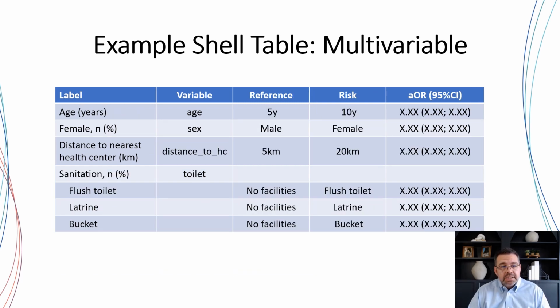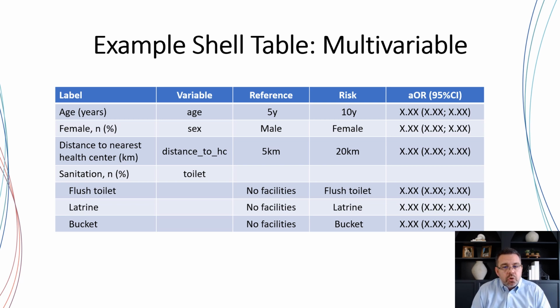And then our last example here is a shell table for a multivariable model. Not all of you will include some type of multivariable regression in your papers. Some of these may look slightly different depending upon the type of model we're actually fitting or the information that we want to convey.